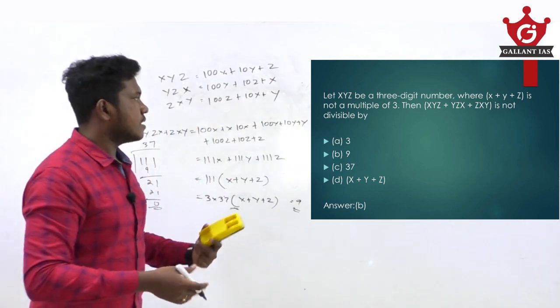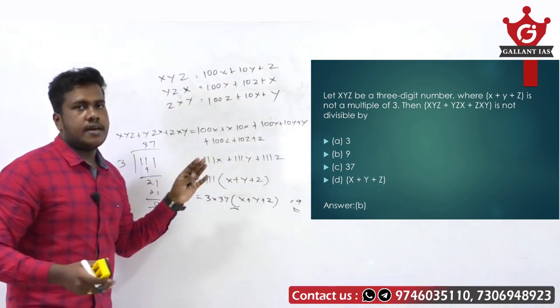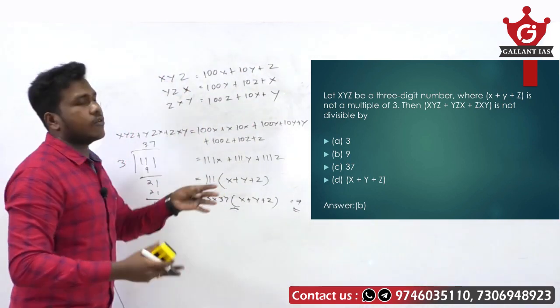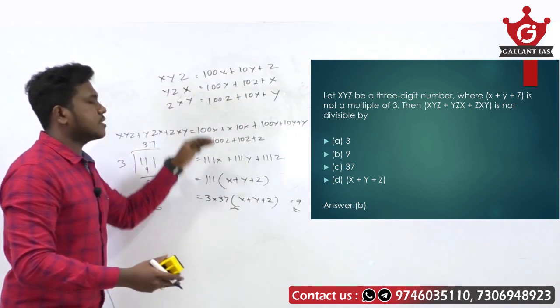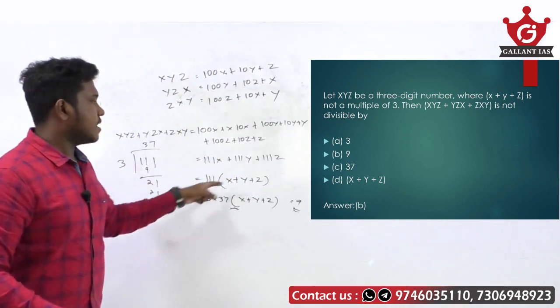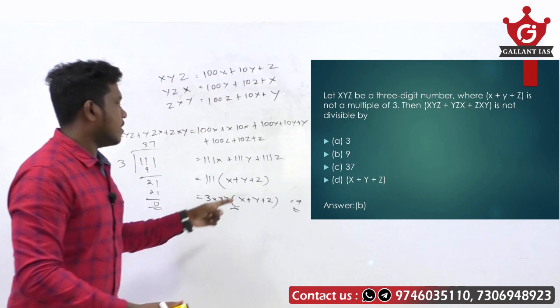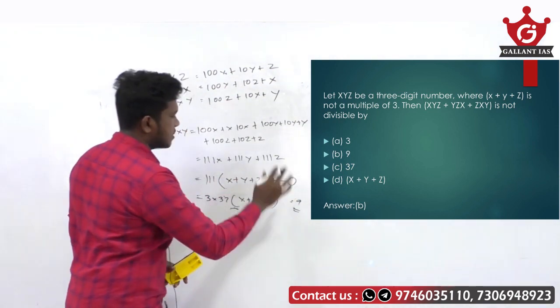I'll explain once again. First of all, you need to split xyz according to the numerical places, then add xyz plus yzx plus zxy. So you'll be getting 111 into (x plus y plus z). From this we can easily neglect option D, because this final answer is divisible by x plus y plus z.